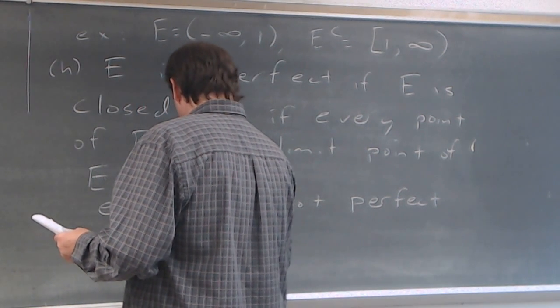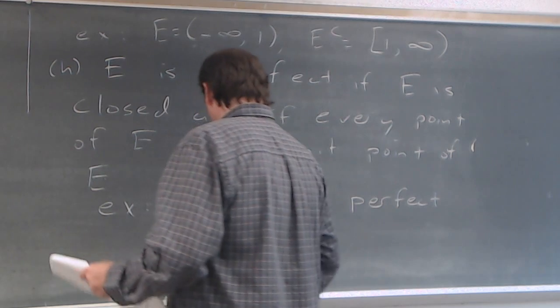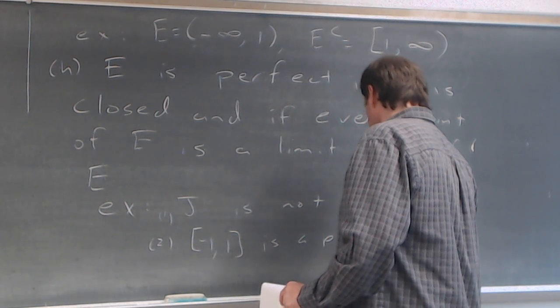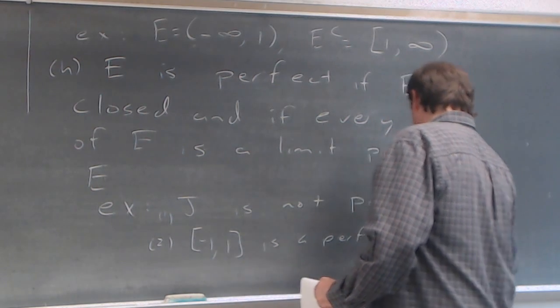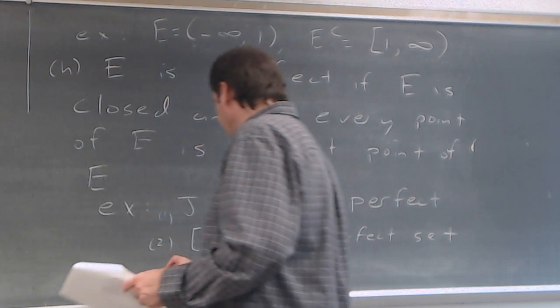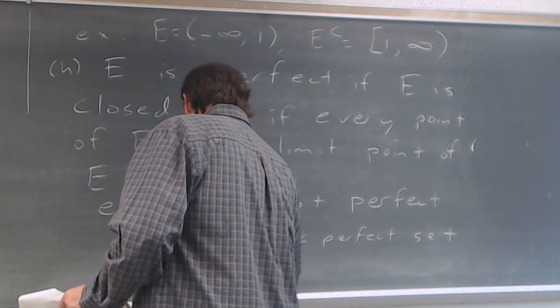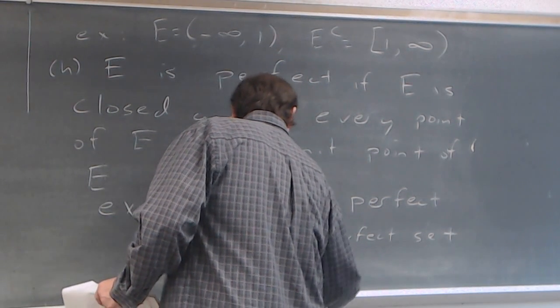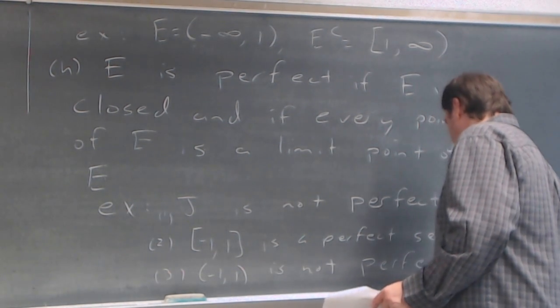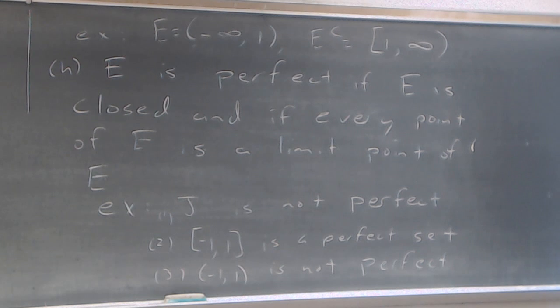The set minus 1 to 1, where we include minus 1 and 1, is a perfect set. And a last example, if you look at the segment minus 1 to 1 without endpoints, that is not perfect. Okay? Minus 1 is a limit point of that set, but it isn't contained, so it's not closed.